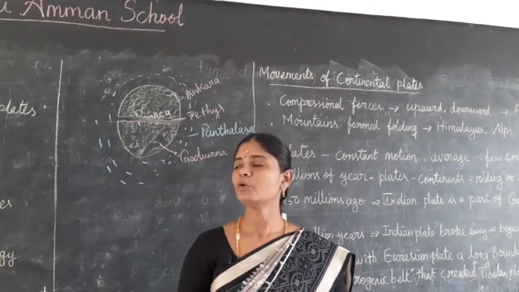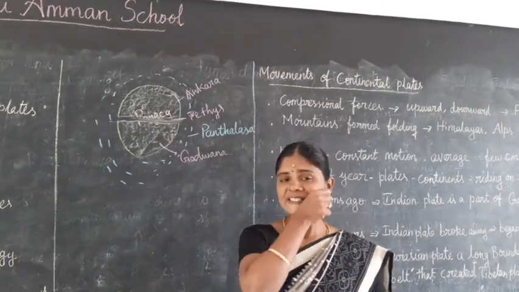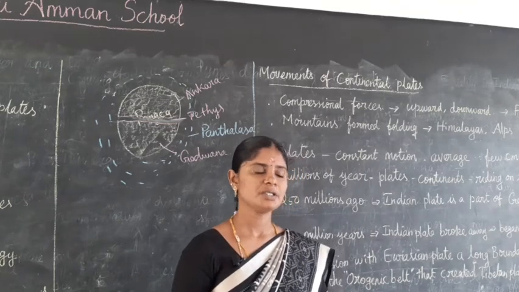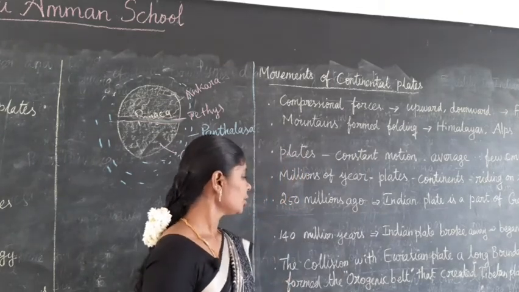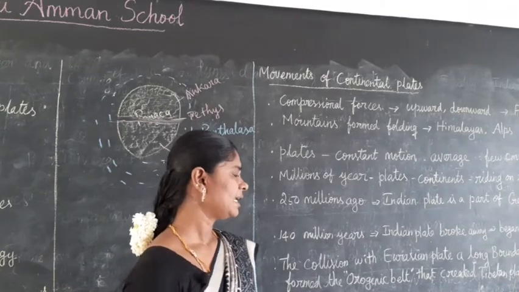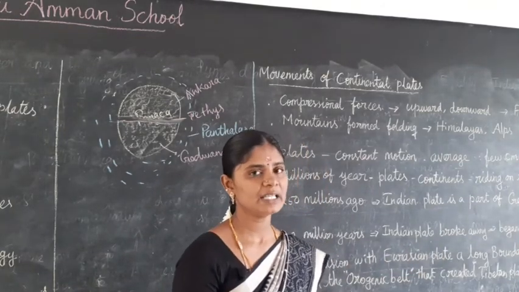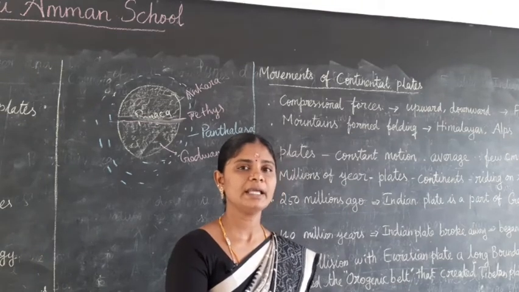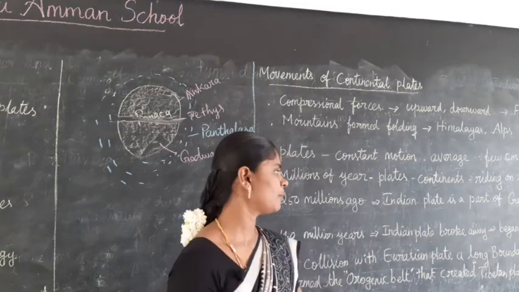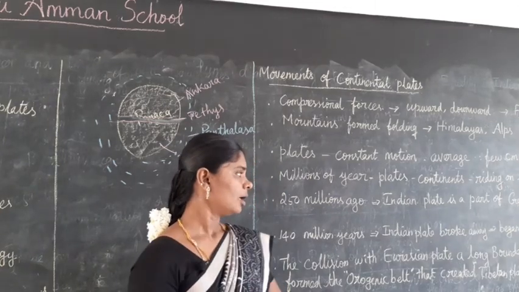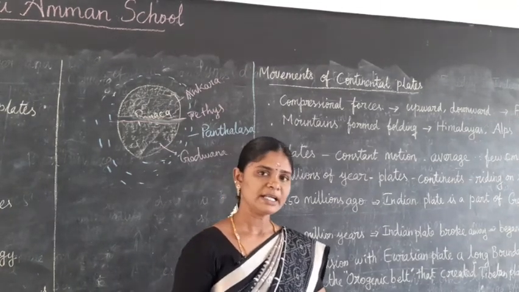The northward movement of the Indian plate collided with the Eurasian plate along the boundary between India and Nepal.